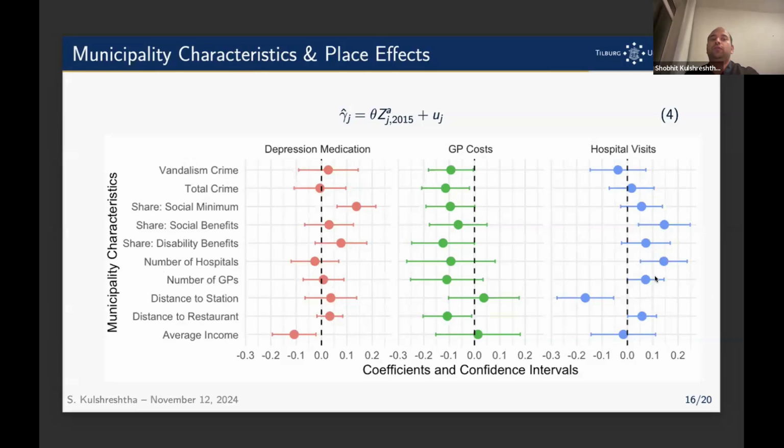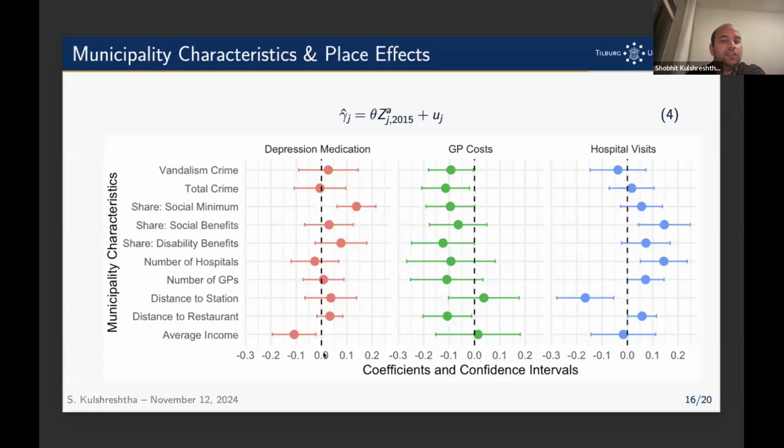This suggests that if you are sent to a municipality with more hospitals or more GPs, then you are more prone to visit a hospital. It's actually the other way around for distance to station. If you are in a municipality which is quite rural and you do not have good train connectivity, then you might end up not going to hospital that often.